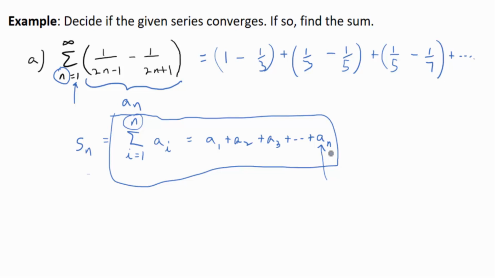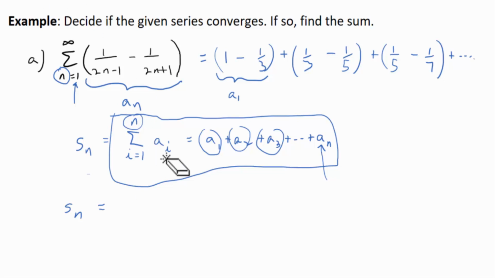So let's rewrite these numbers so that we have the nth term here. The formula is going to be the same. Let's write down a1, a2, a3 just as we did before. We already know what those are. So Sn is going to be, a1 is still this guy.